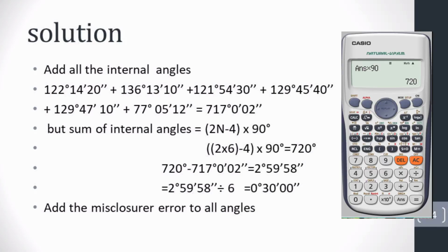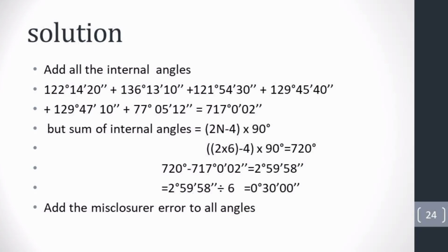We go ahead and subtract. So that is 720 degrees minus what we had added earlier, the observed values. By subtracting the total of the observed values, we see we have an error of 2 degrees 59 minutes and 58 seconds.